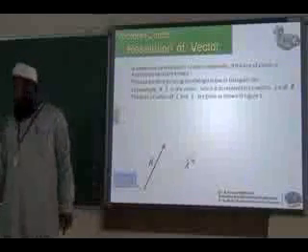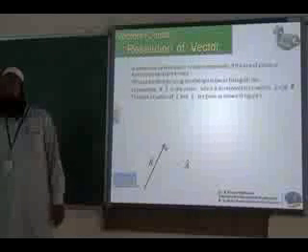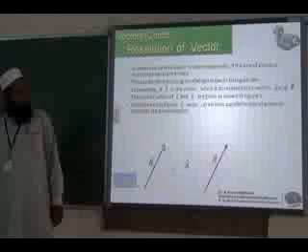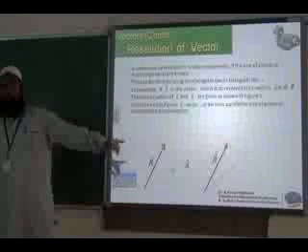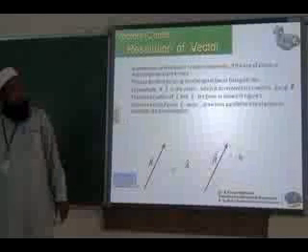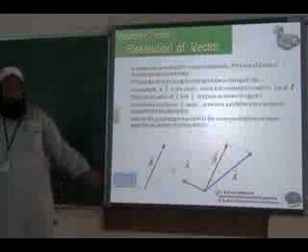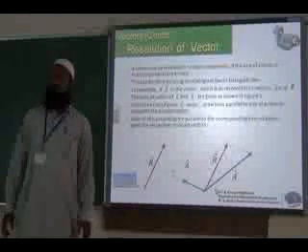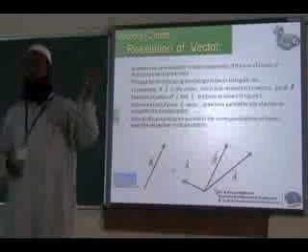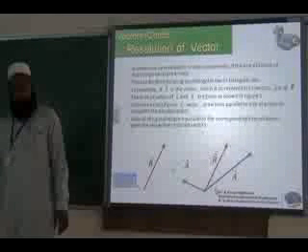We consider the head of the R vector, and draw a line parallel to A and parallel to B from the head of the R vector. Like this, we construct two lines to complete the parallelogram, and now we get the magnitude of A and magnitude of B. Okay. So this is the reverse of what we did in our parallelogram, A as well as B.